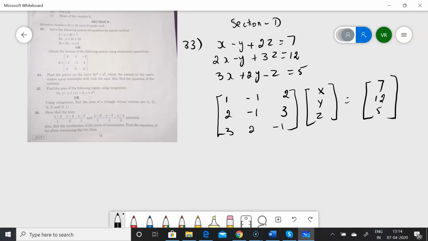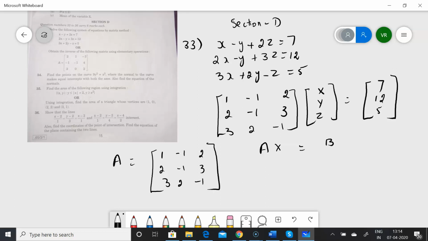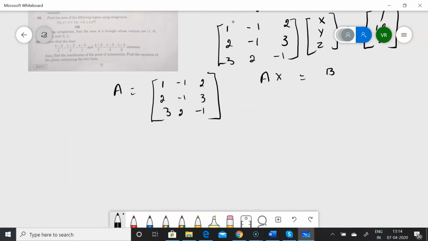Now clearly, the first matrix is A. So this is of the form AX equals B, where A is 1, minus 1, 2; 2, minus 1, 3; 3, 2, minus 1. Now, let us find the inverse of this particular matrix. First let us find out whether it is a singular matrix or not.